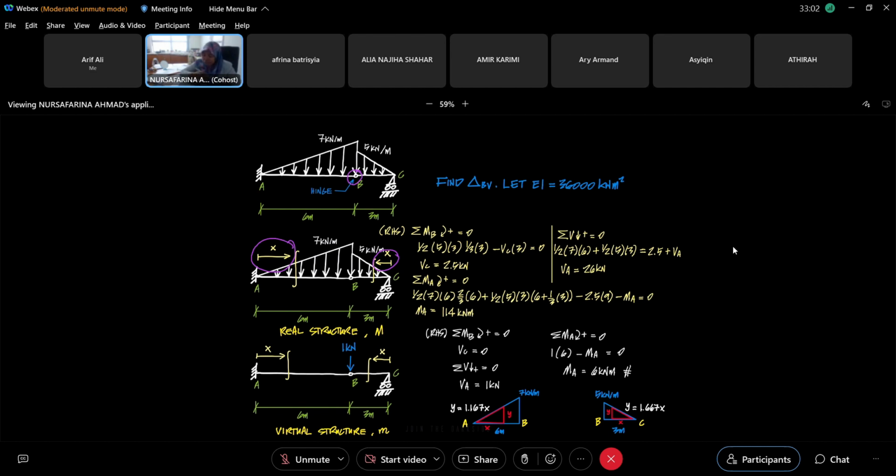If you calculate D, M plus R minus C. R minus N minus C. Reaction ada 3 tambah 1, 4.